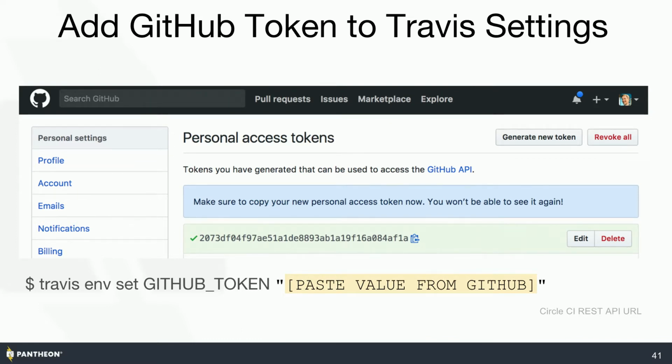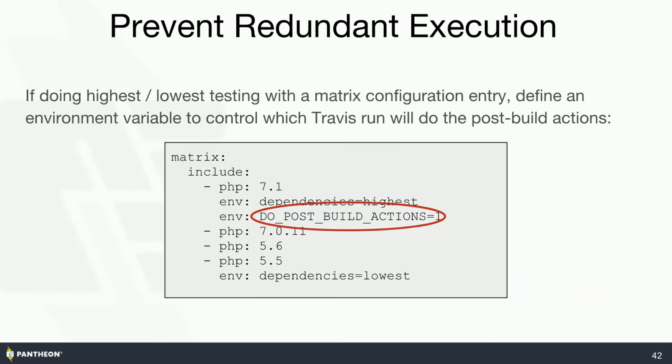You can just copy it to the clipboard with that little token there, and then using the Travis tool again, travis env set GITHUB_TOKEN, paste, and you will write that environment variable into Travis so that when your tests run, it'll automatically happen.